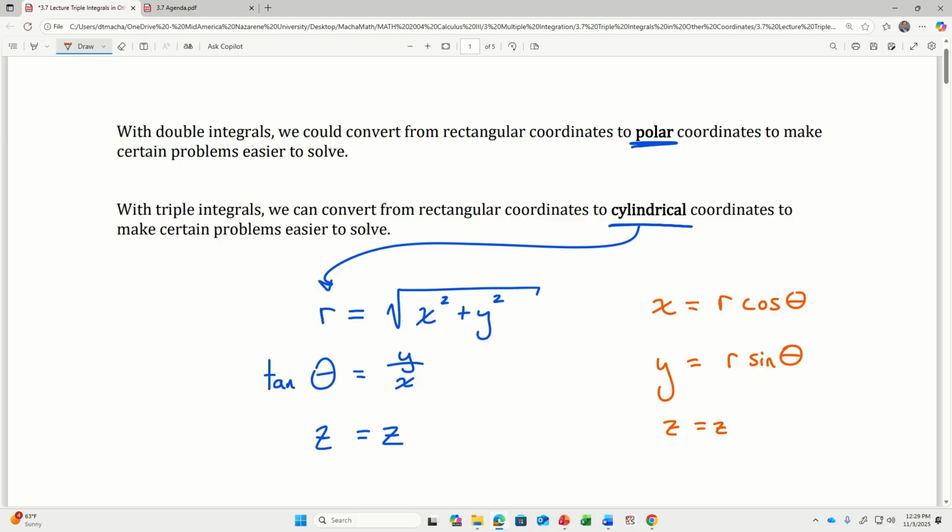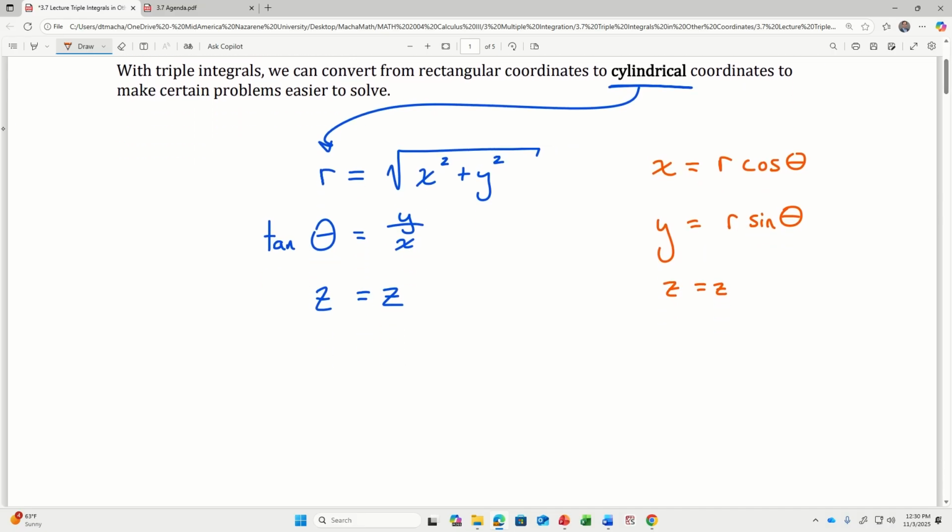And so we're going to see a triple integral, or more than one triple integral, that makes it so that cylindrical coordinates are going to be easier to solve that 3D region than rectangular coordinates. And so we'll want to make this switch to cylindrical coordinates.